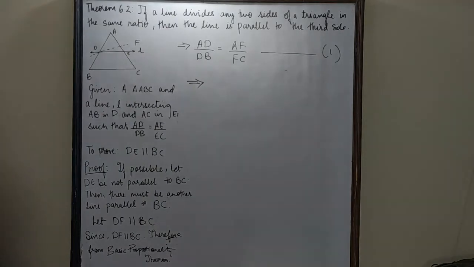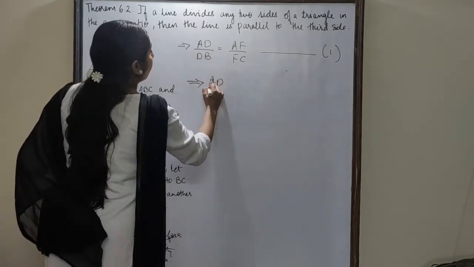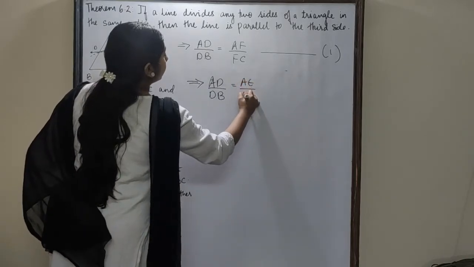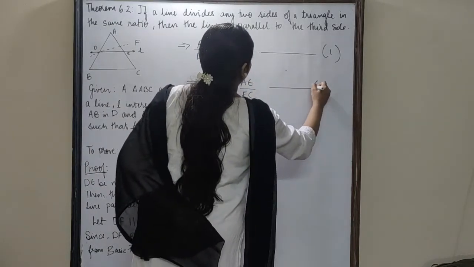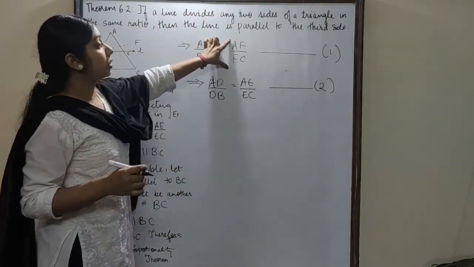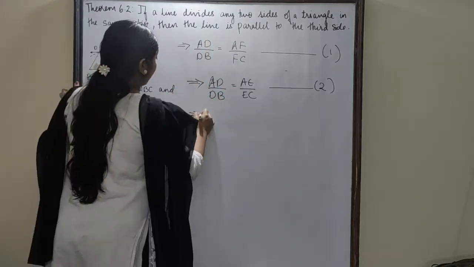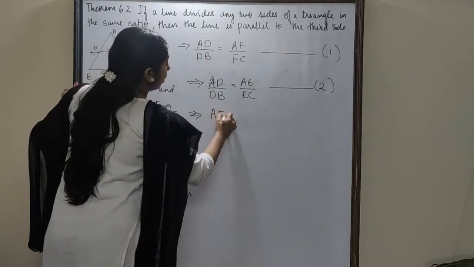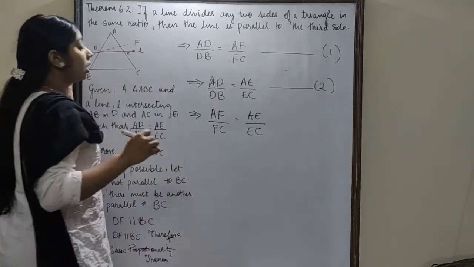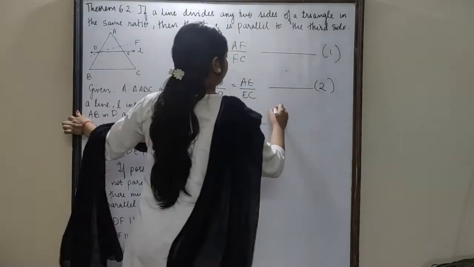But what is given in the theorem? It is already given that AD upon DB is equal to AE upon EC. Let this be number 2. Since AD upon DB is equal to AF upon FC, and AD upon DB is also equal to AE upon EC, this implies AF upon FC is equal to AE upon EC. Now we add 1 to both sides.